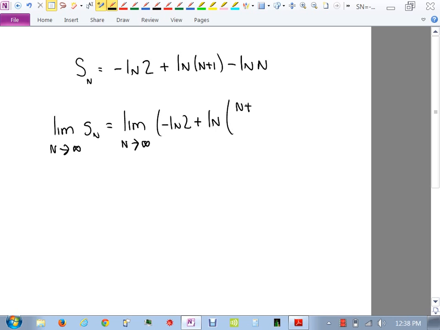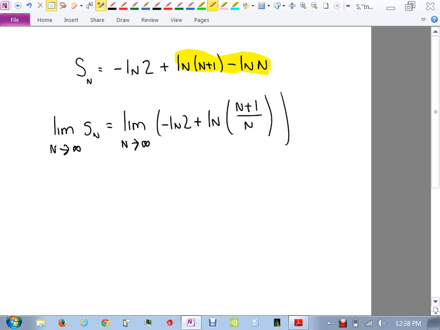Because of time, I'm going to just write that, because when you let n go to infinity on the 2 in yellow there, those both go to infinity. So you get infinity minus infinity, which is indeterminate.